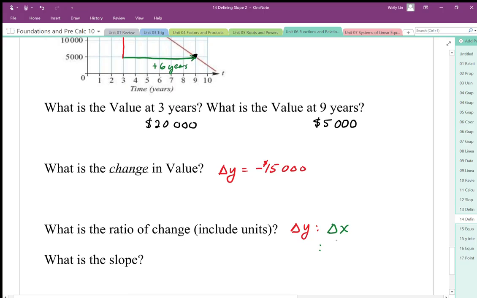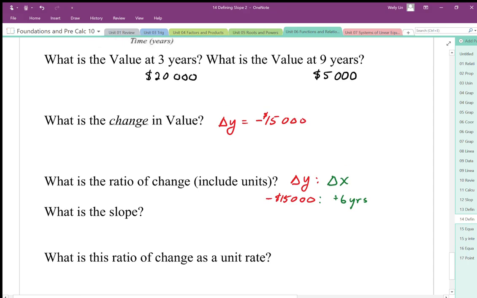So we get a positive 6-year change, and the change in the value is going to be negative $15,000. Okay, so the slope then we write as the y is always on top, so negative $15,000 for every 6 years. Okay, so this represents my slope ratio.